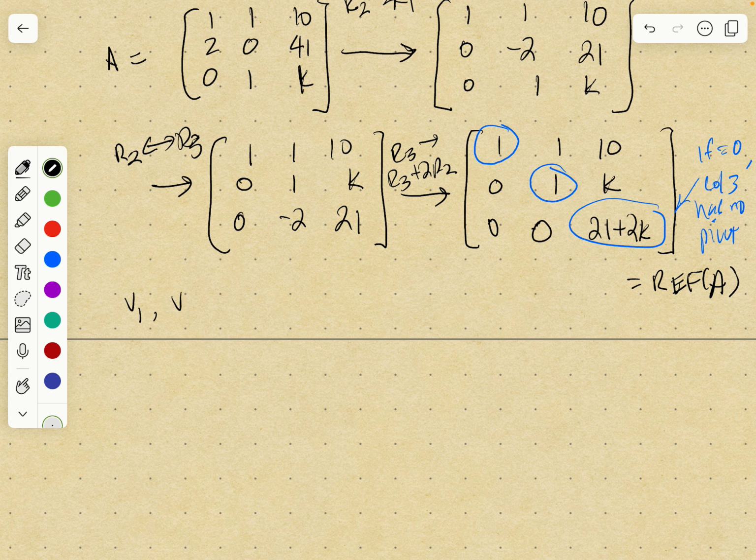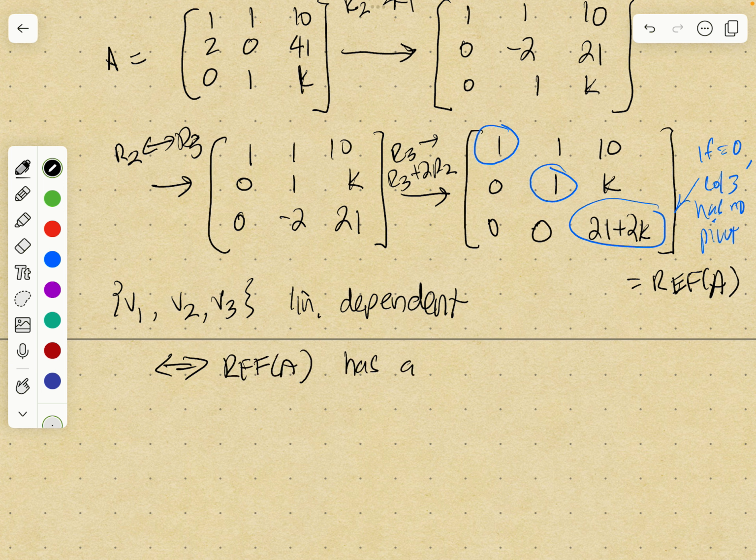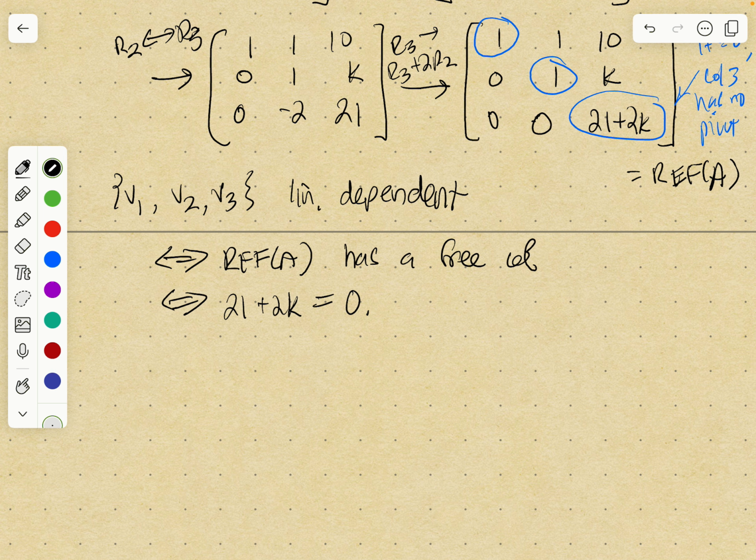So V1, V2, V3, this set is dependent if and only if the echelon form has a free column, and that's true if and only if 21 plus 2k is equal to 0. And that's the same as k is negative 21 over 2. So the answer is negative 21 over 2.